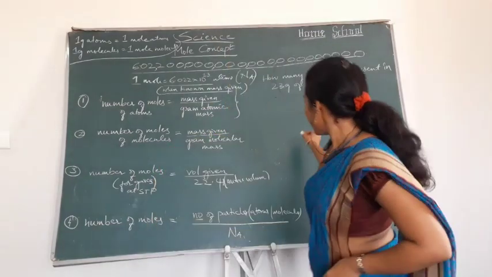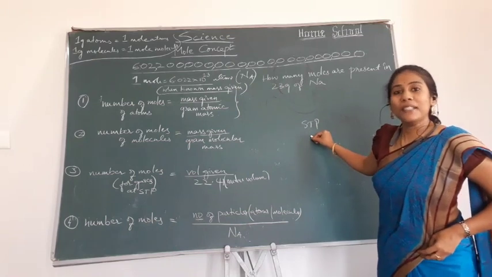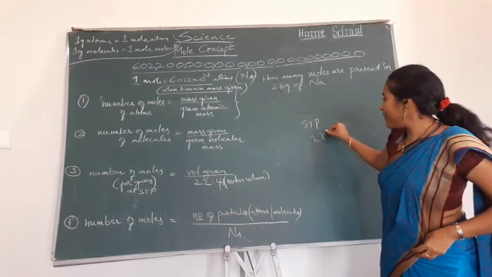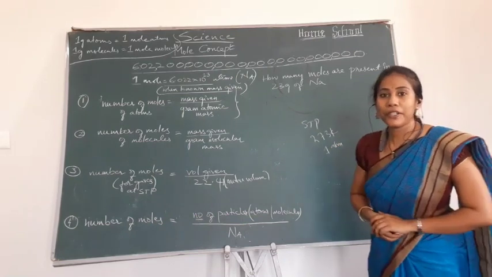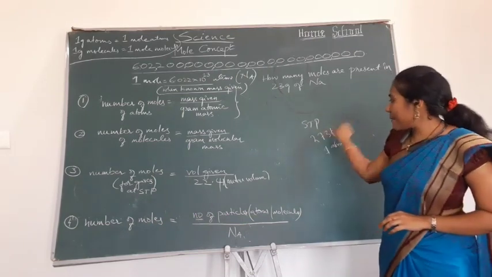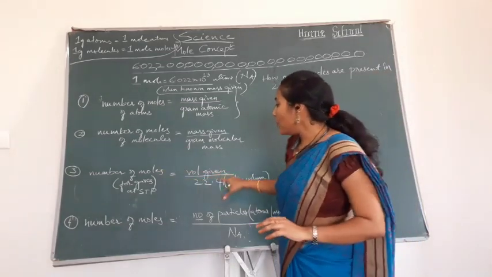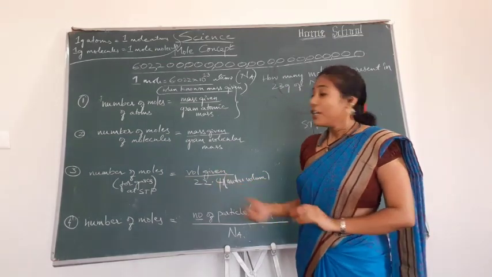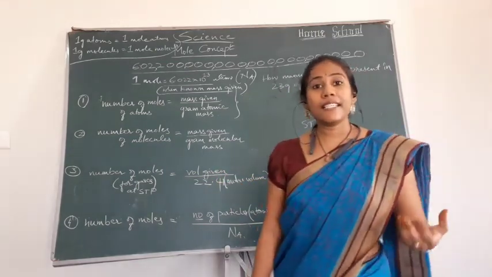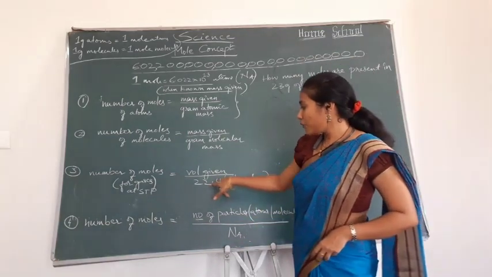STP means standard temperature and pressure. The standard temperature is 273 Kelvin and the standard pressure is 1 atm. When the temperature and pressure are these, 1 mole of a gas occupies this volume, which we call the molar volume.